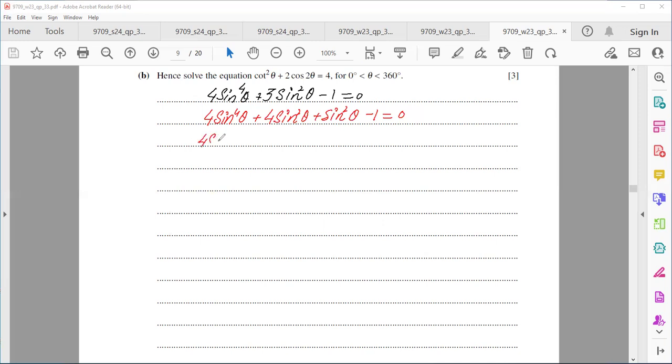So I write 4 sine square of theta taken as common. Within the bracket, I have sine square of theta plus 1, if I'm not wrong. Then the second one, plus 1 is taken as common, and within the bracket I have sine square of theta.